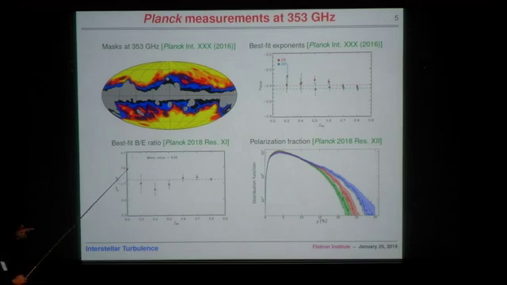It's inverse E to B, right? And so it looks like what Planck shows is that the ratio is on the order of 0.54, roughly. And that translates into 1.92 if you want E to B, okay?